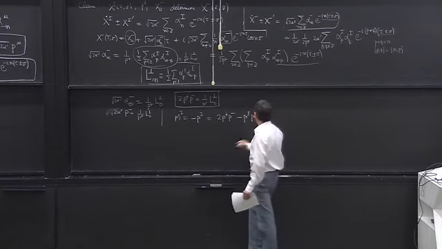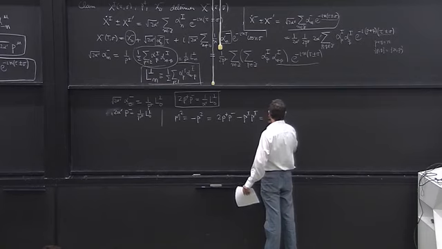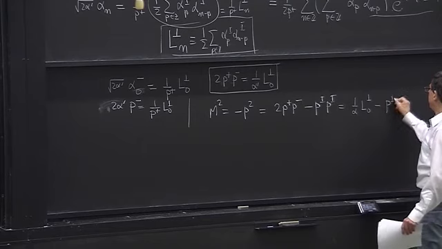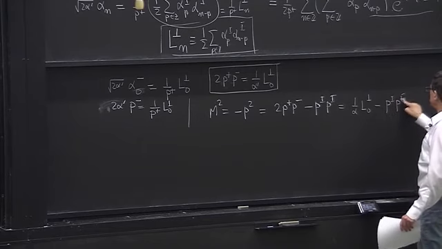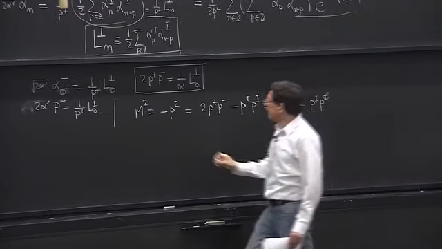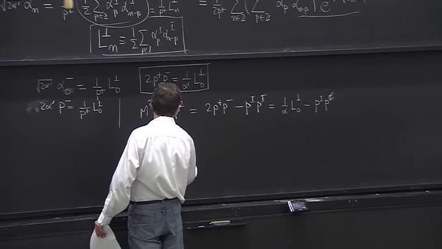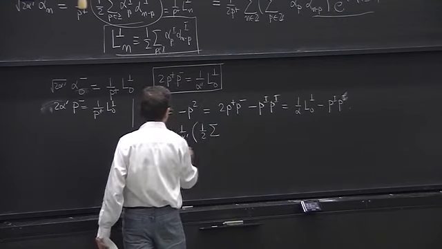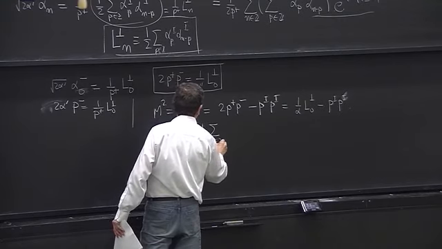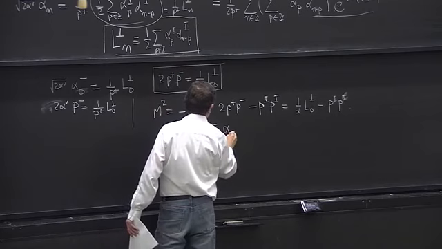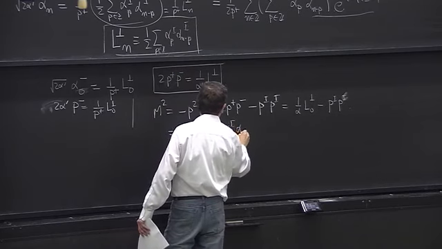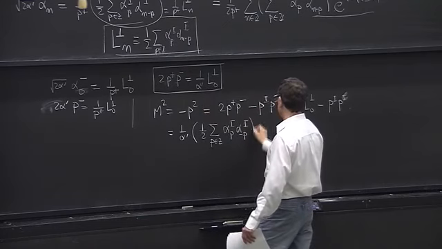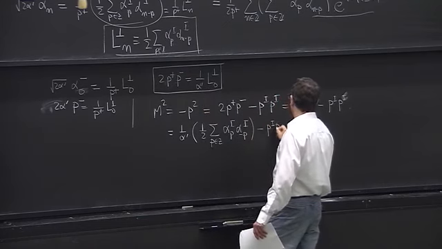Well, from here it is 1 over alpha prime L_0^perp minus p^i. Well, I need to look at this L_0^perp in more detail. That's 1 over 2 sum over p of alpha_p^i alpha_{-p}^i, minus p^i.